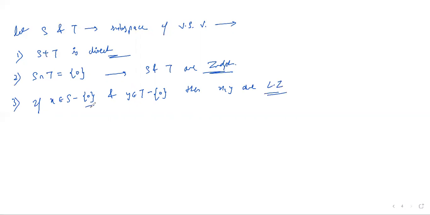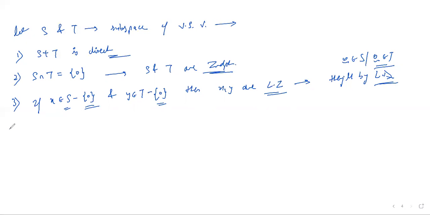Why are we excluding 0? Because if the zero vector belongs to S or to T, then they will be linearly dependent. We have studied this concept in the linear independence and linear dependence lecture.